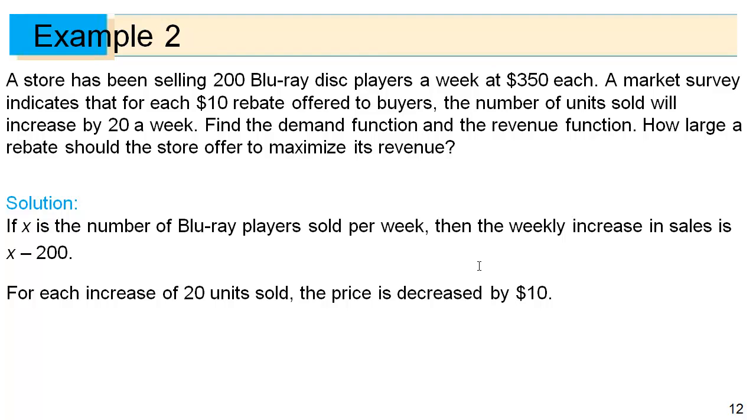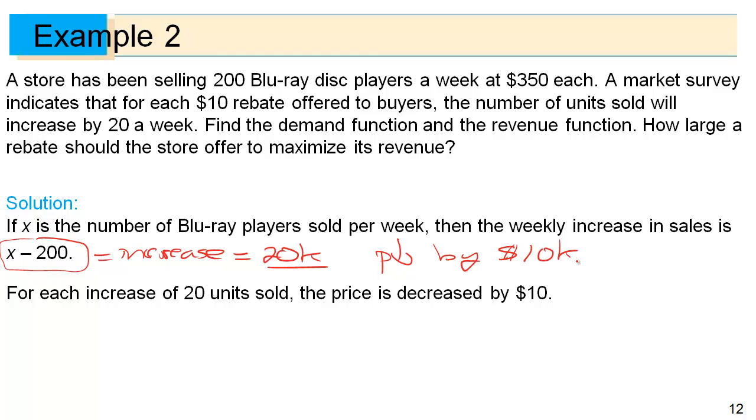And for each increase of 20 units sold, the price goes down by 10. So every time this, X minus 200, which is our increase, equals some multiple of 20, the price goes down by that same multiple of $10.